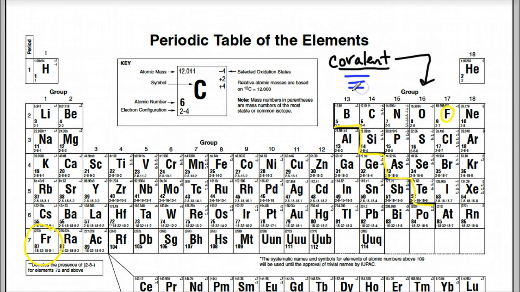And as I alluded to before, if I had two people who are going to be holding a rope, and they both are strong, which we say has a high electronegativity.